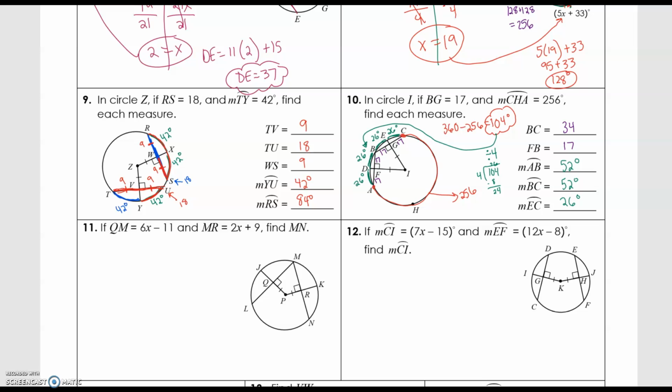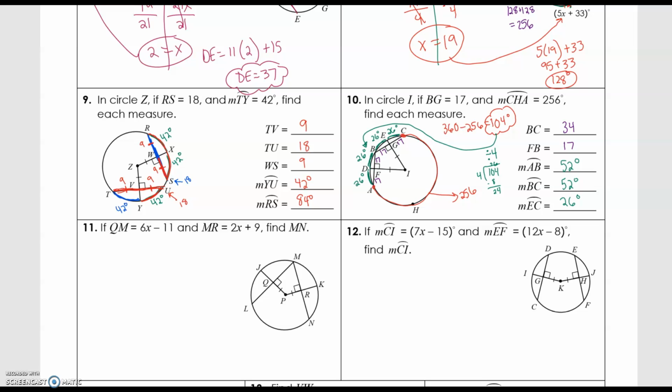Okay, so number 10 was a little bit harder, mostly because they give you that CHA, this big arc, is 256. So in order to get these little arcs over here, what I did is I subtracted 256 from 360 and I got 104. And then because there's 4 little arcs that are equal pieces, I divided it by 4, but you could have also divided it by 2 and then divided it by 2 again.